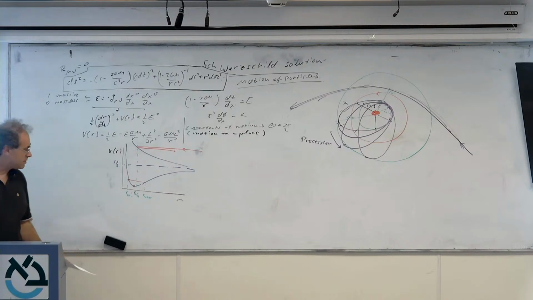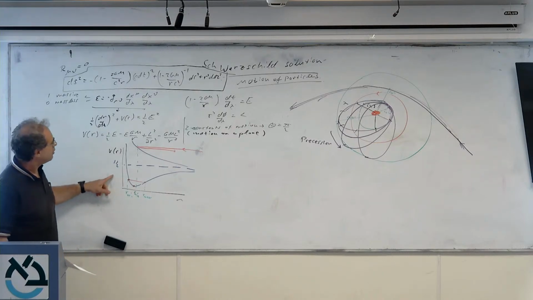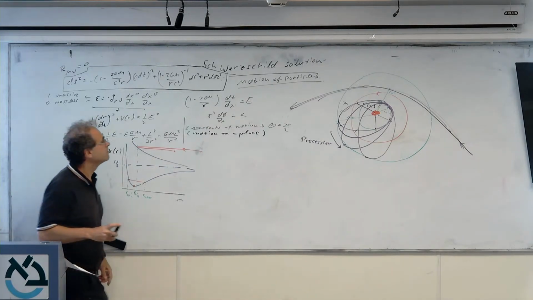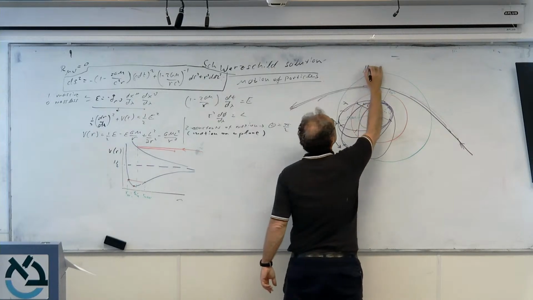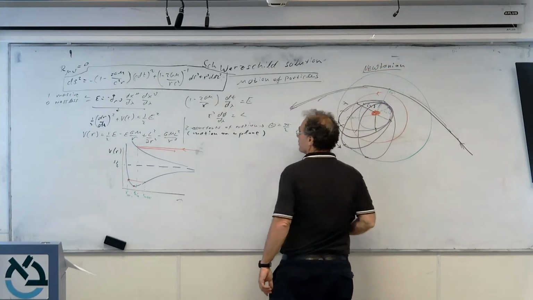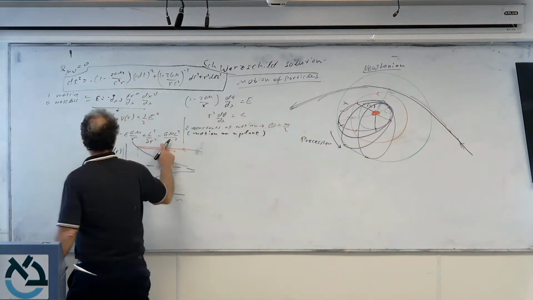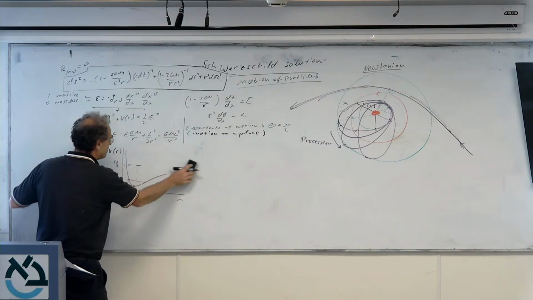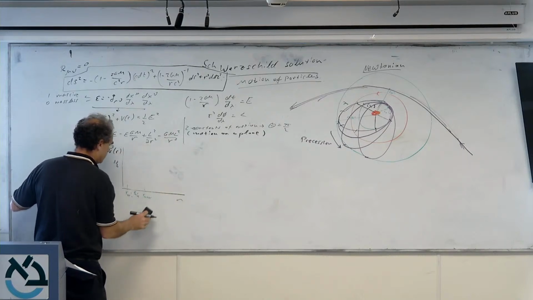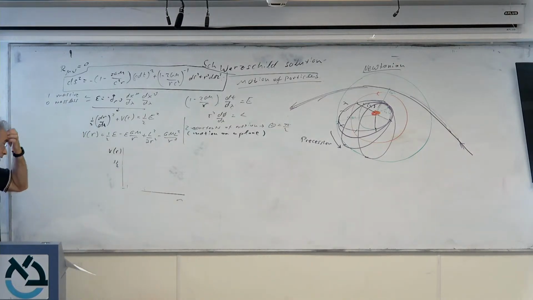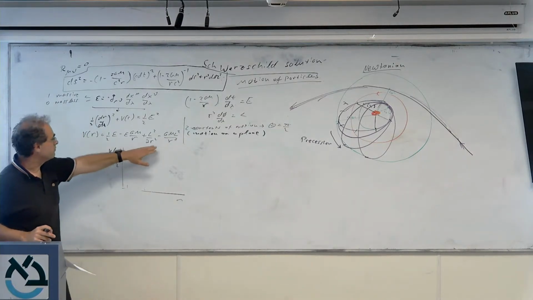Okay, this is for the Newtonian case, so this is purely Newtonian. For the GR case, full GR, we have a substantially different behavior because of this extra term here.